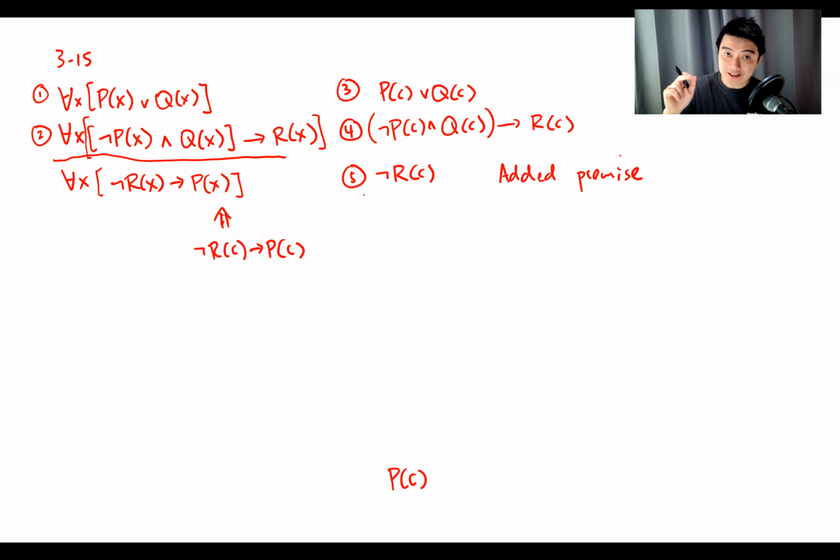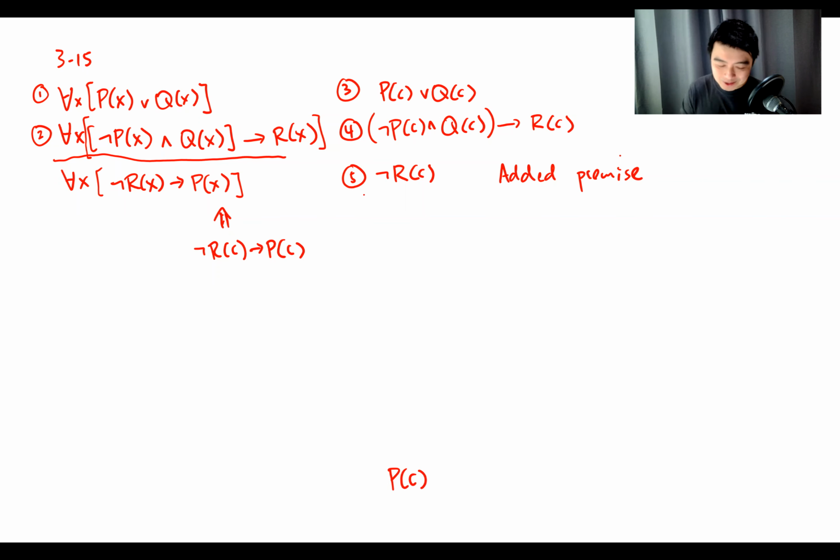Because we have an implication here, we can add the left-hand side of this implies as an added premise, and then show the right-hand side. And if I can do that, this is just as good as showing the implication itself. So this is just a trick. Just remember this. If we ever need to do a proof, and it has an implies as a conclusion, you can always add the left-hand side and then show the right-hand side.